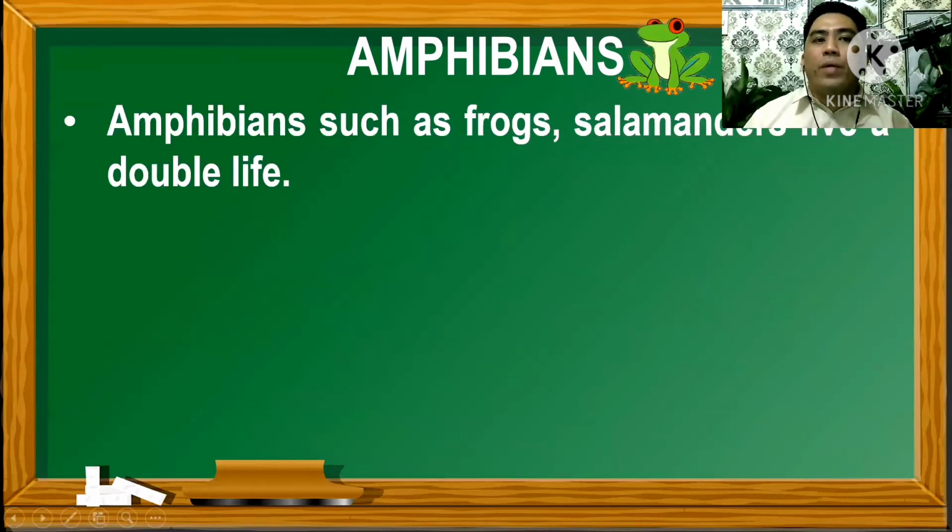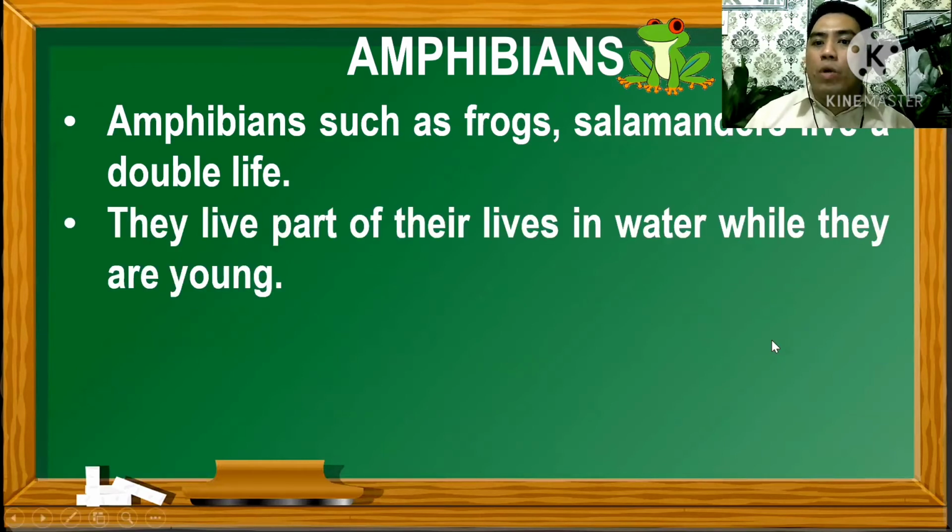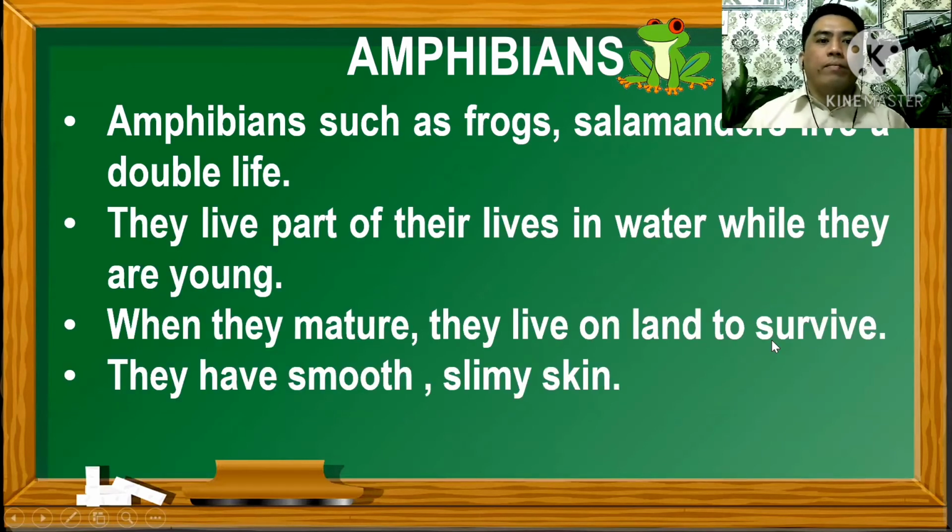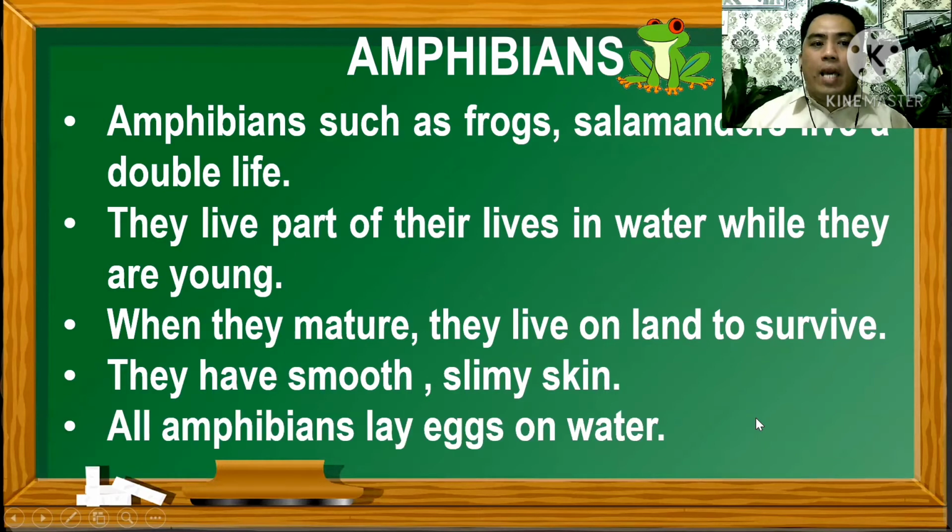So class, remember that amphibians such as frogs and salamanders live a double life. They live part of their lives in water while they are young. When they mature, they live on land to survive, and they have smooth, slimy skin. And all amphibians lay eggs in water. Okay.